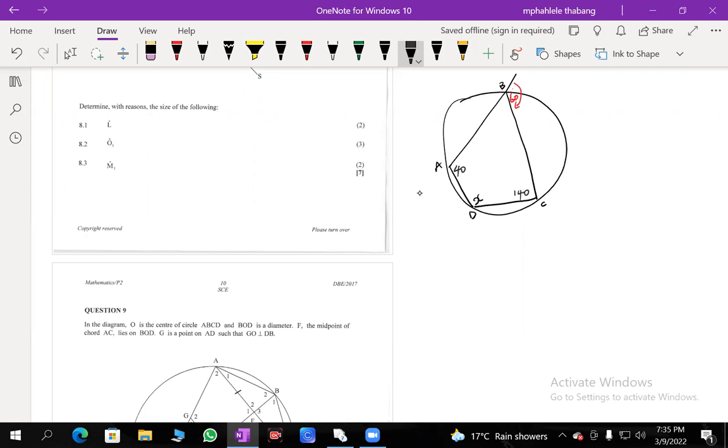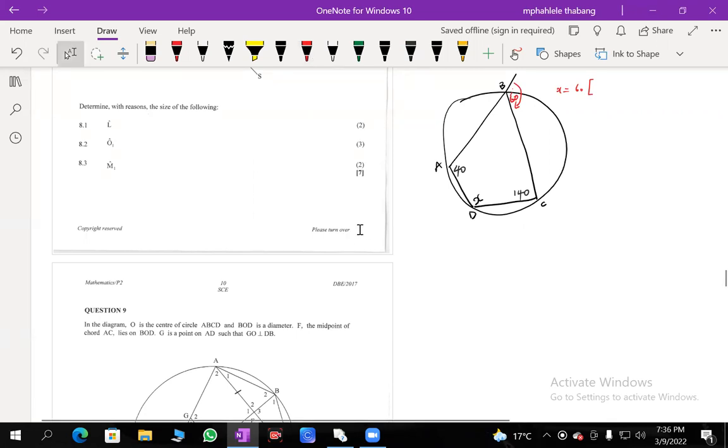60. Why do you say X is 60? Can you give us the reason why you say angle X is 60? Exterior angle of a cyclic quad equals the opposite interior angle. Good.